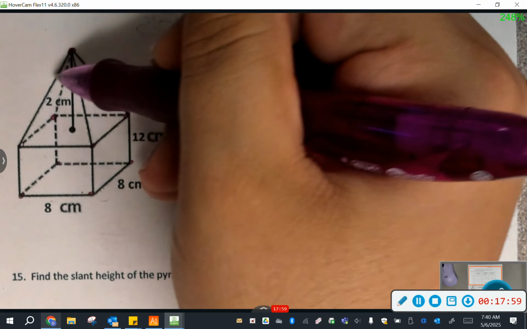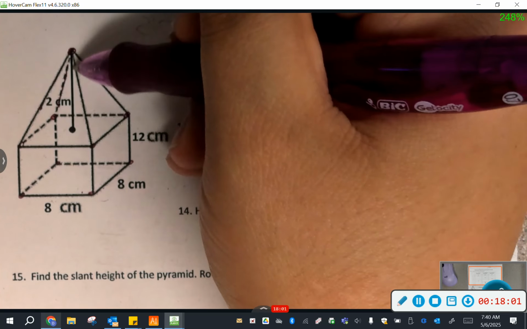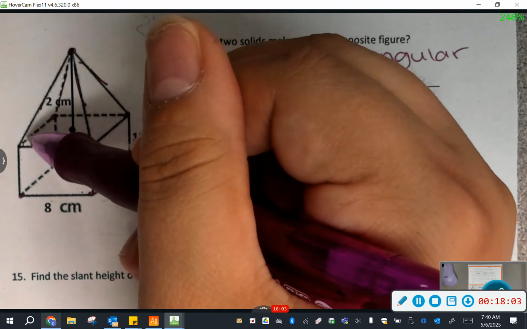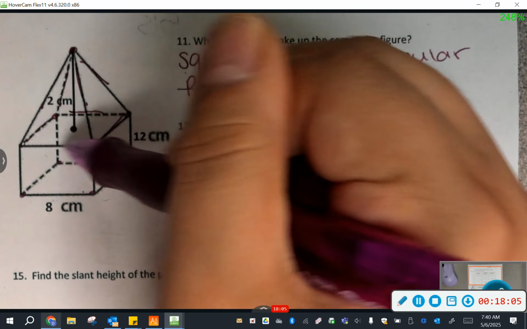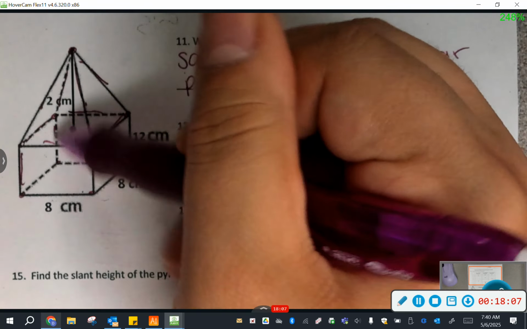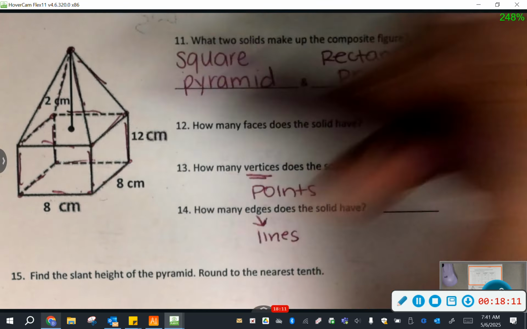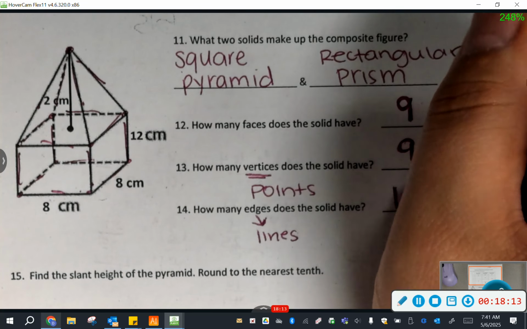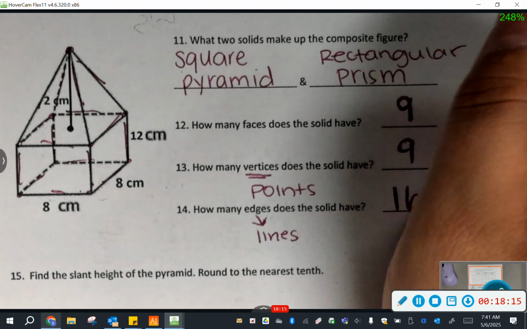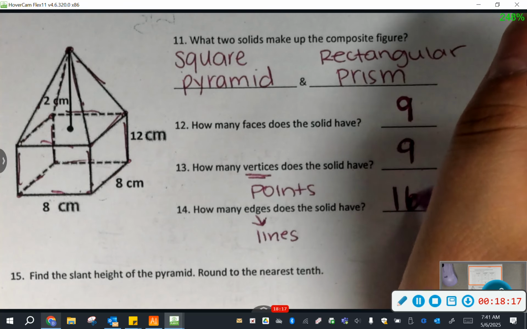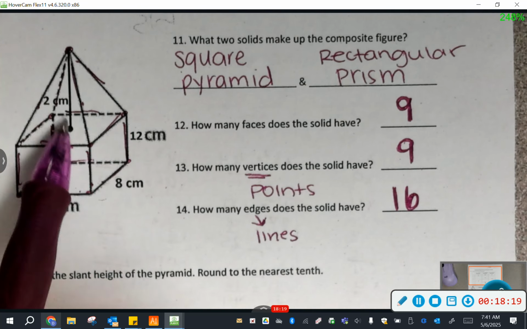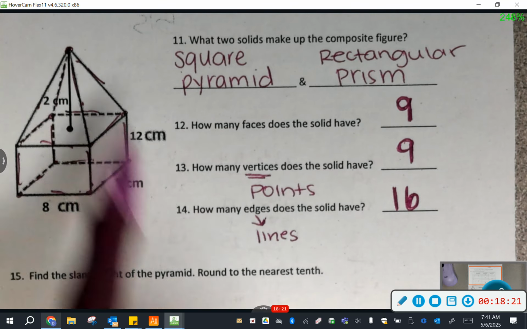And this is where I like to kind of outline them so I know. 1, 2, 3, 4, 5, 6, 7, 8, 9, 10, 11, 12, 13, 14, 15. I did get 16 as well. Right, that's why I mark them because it helps me.